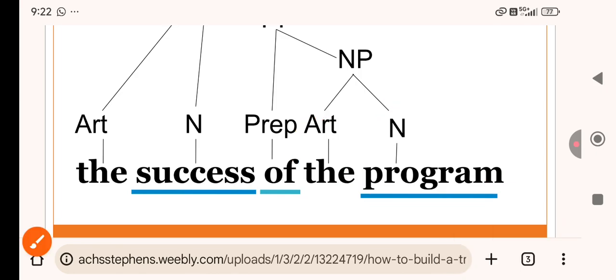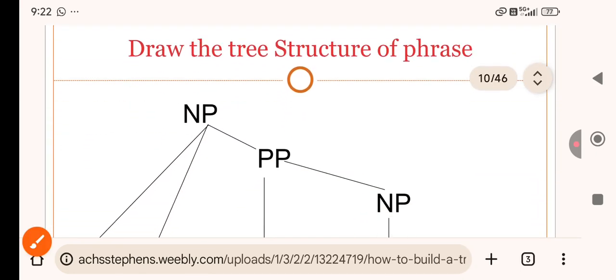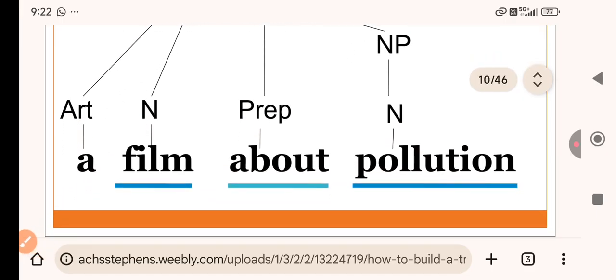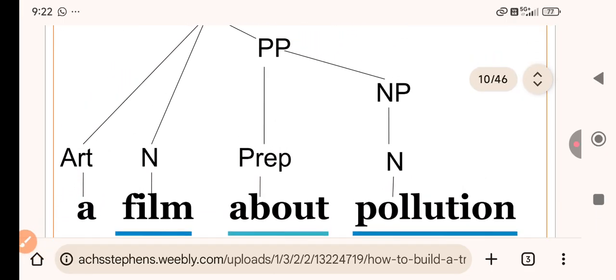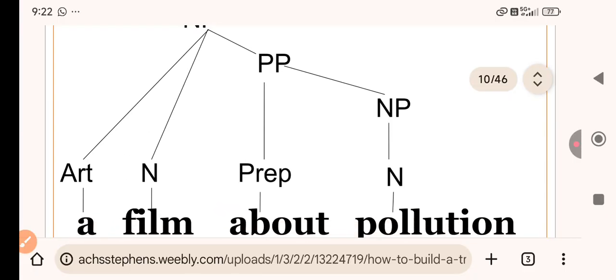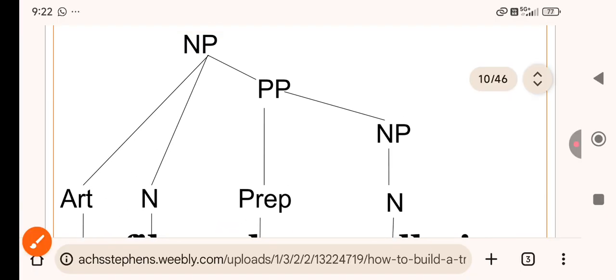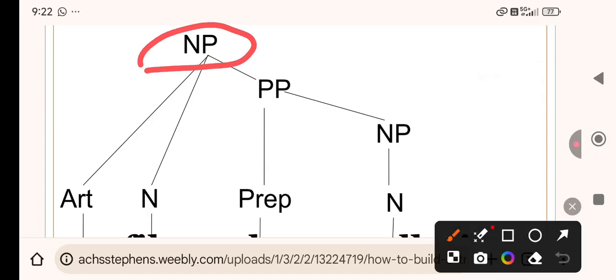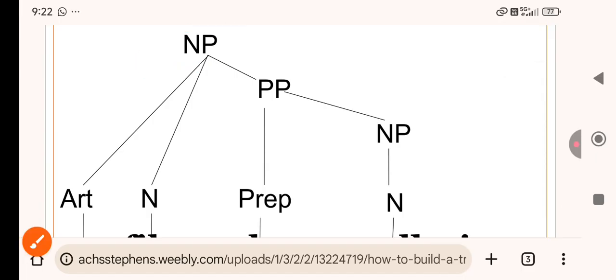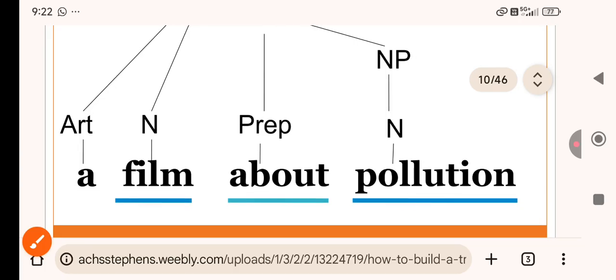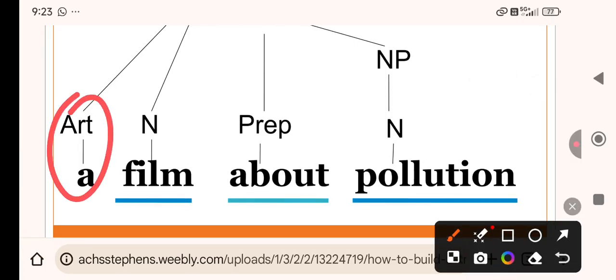Now moving to the next type of phrase, a film about pollution. Of course this is a noun phrase. Why? Because there is no verb. In the noun phrase, the a is an article or determiner, film is a noun.